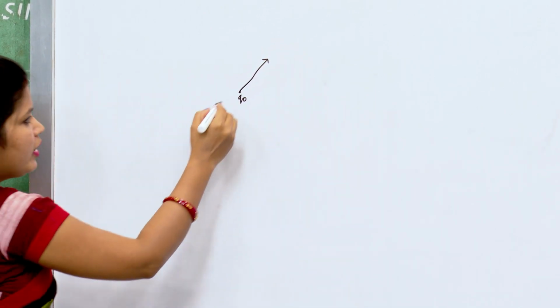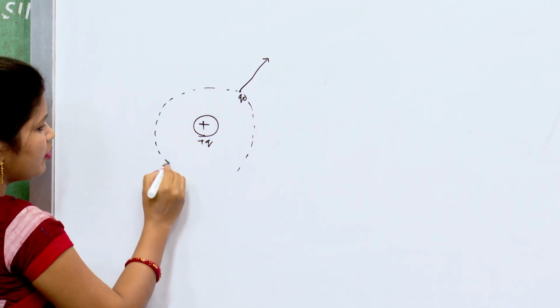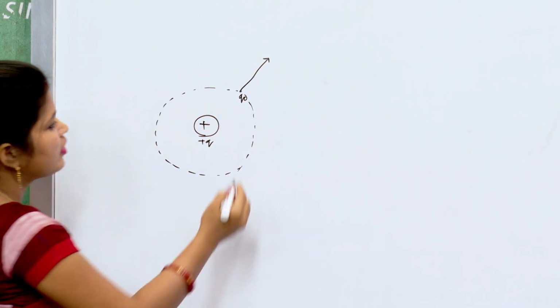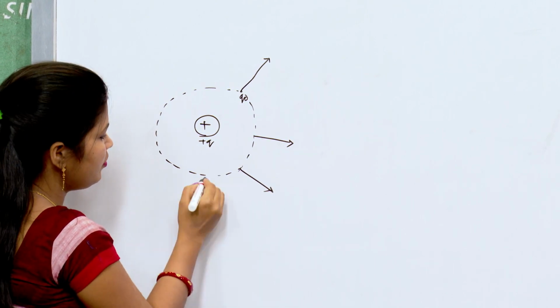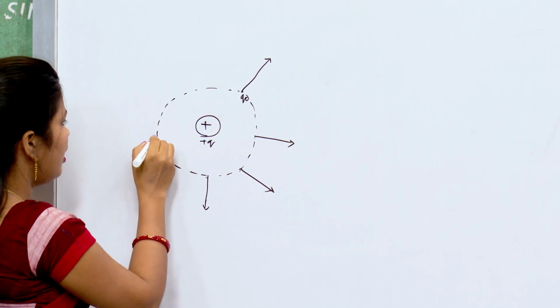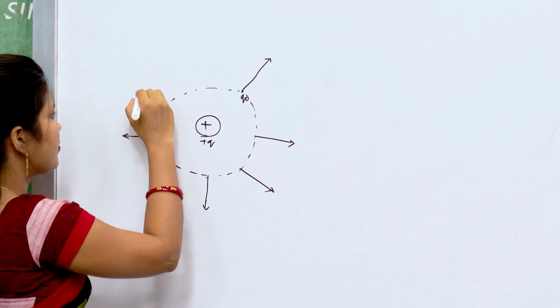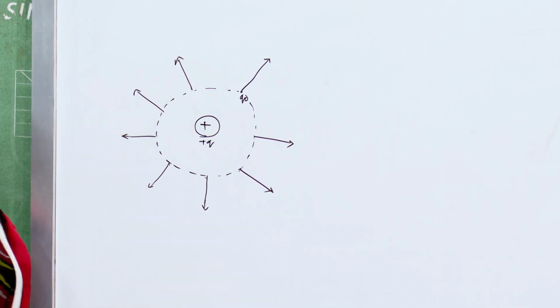Okay. So, at the same distance, that is same radius, everywhere when we place the test charge, the electric field is same and the direction will be outward. Okay.